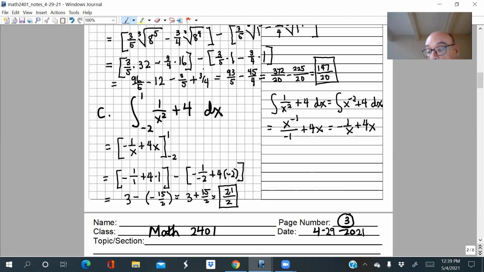But we still have a couple more that we want to do. So let's take a break here for a few minutes. We'll come back at 12:45, and then let's look at a couple more examples of calculating definite integrals. So remember, with a definite integral, you're going to come out with a numerical answer. With an indefinite integral, you come up with a formula because that is an antiderivative. All right, so let's pause there.